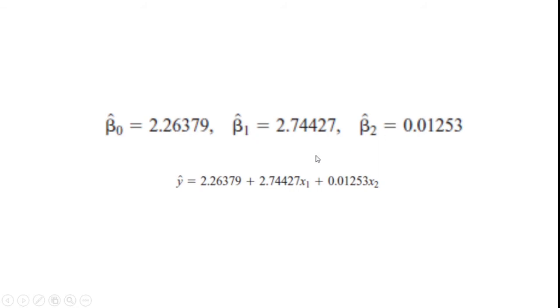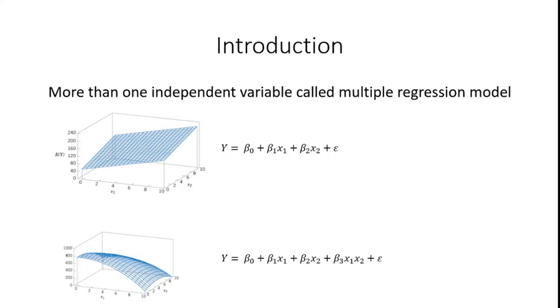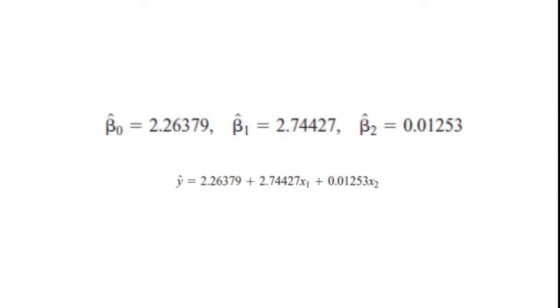After that, I substitute these beta naught, beta 1, beta 2 values into the initial multiple regression model sample equation, so that I get y bar equal to beta naught, substituting the values: 2.26379 plus 2.74427 into x1 plus 0.01253 into x2.